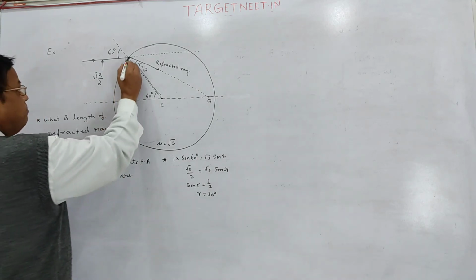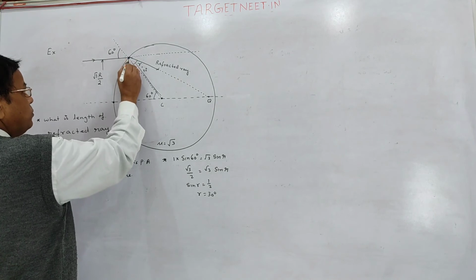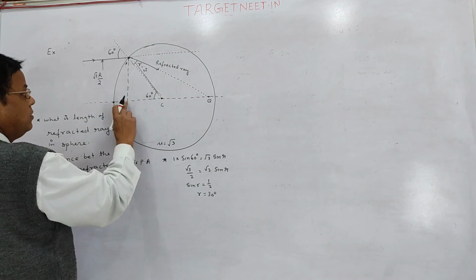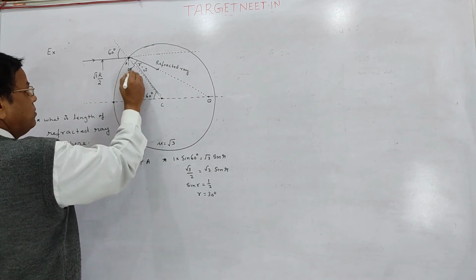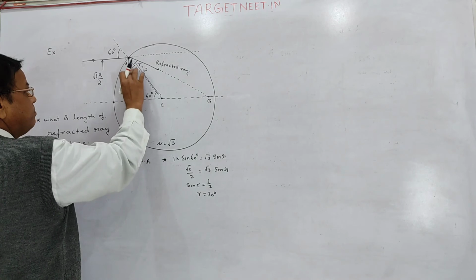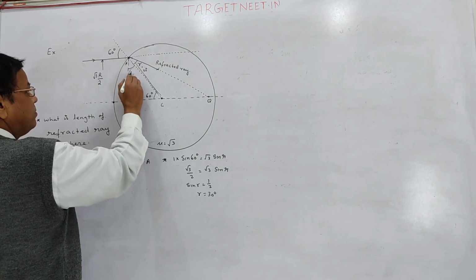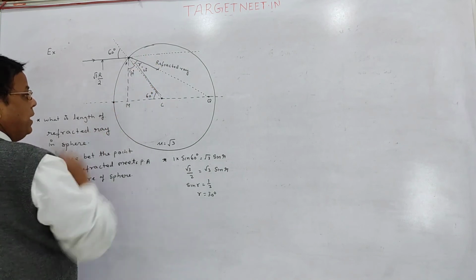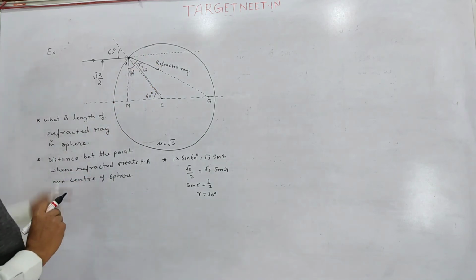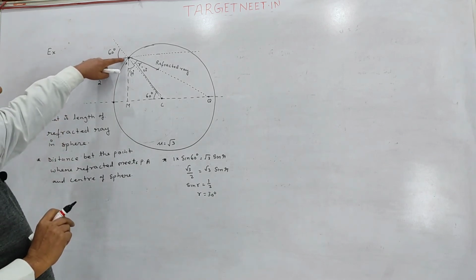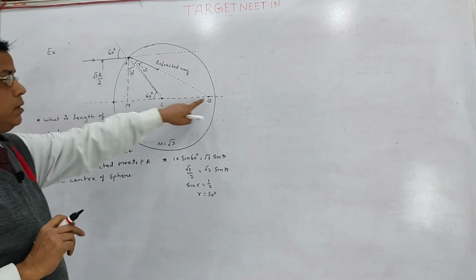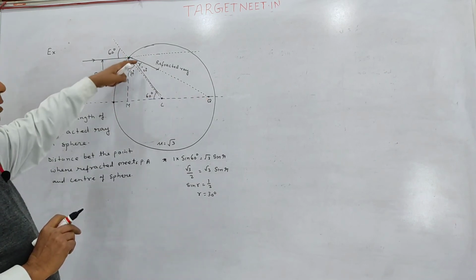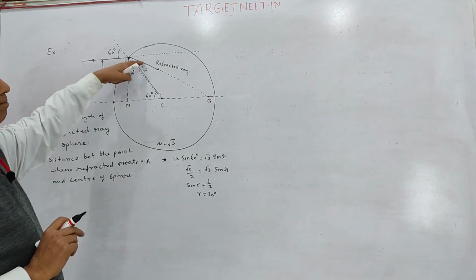Now see, if I draw a perpendicular from this point on the principal axis, this is 60 degree, this is 90 degree, so this will be 30 degree. So let this point be M. Now in triangle AMQ, this is a right angle triangle. This whole angle is 60 degree.